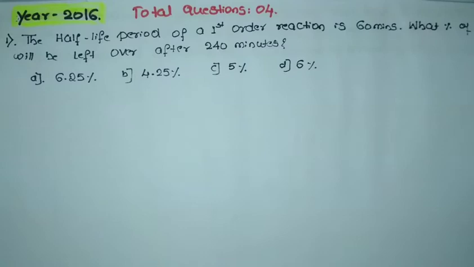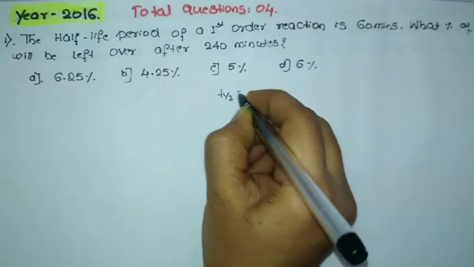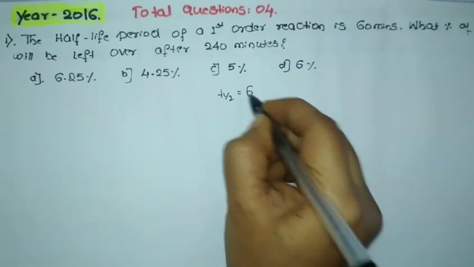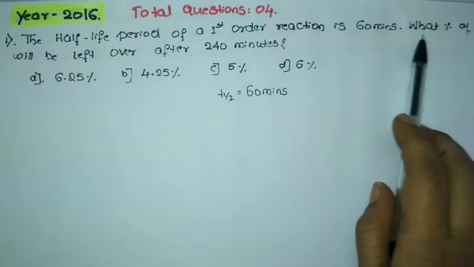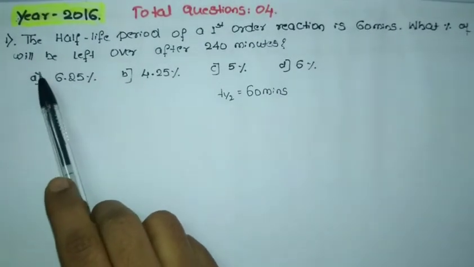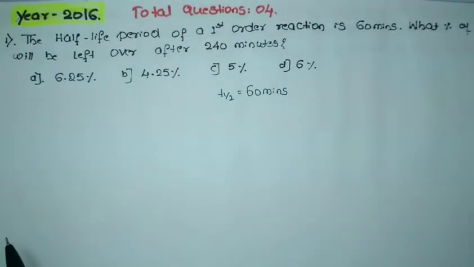Now the half-life period of a first order reaction, they have given T half here. The reaction is first order, and T half is 60 minutes. They are asking what percentage will be left over after 240 minutes.